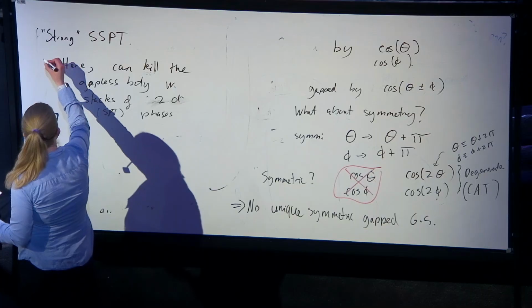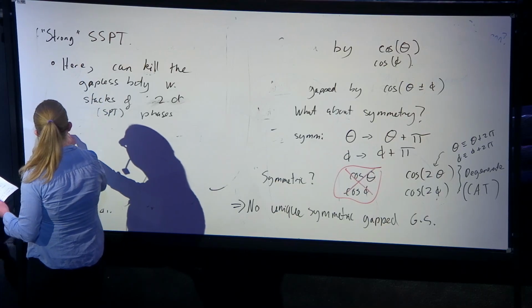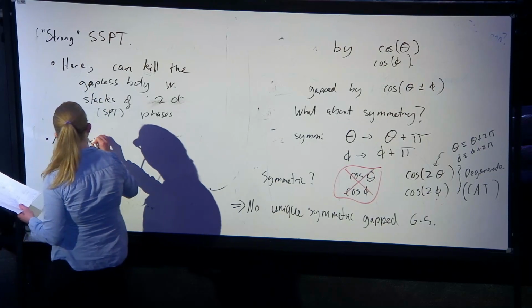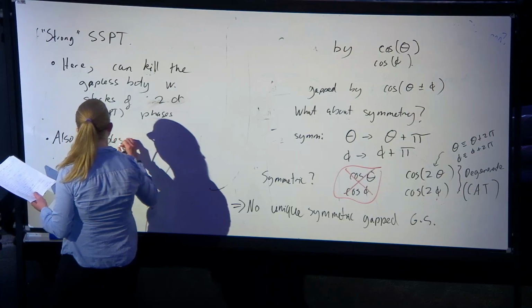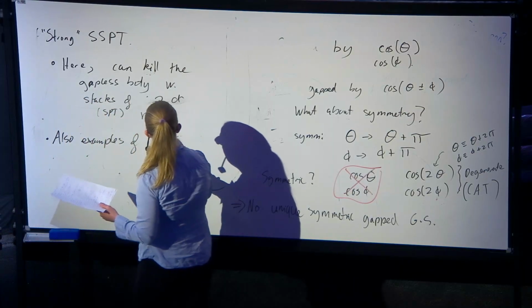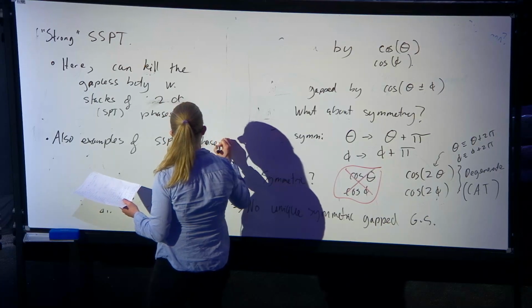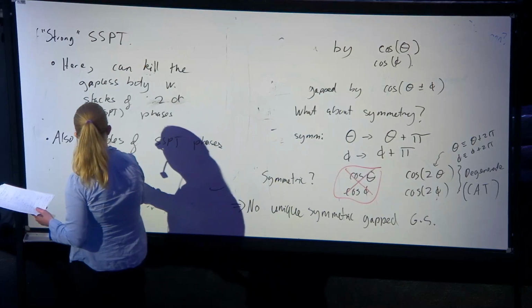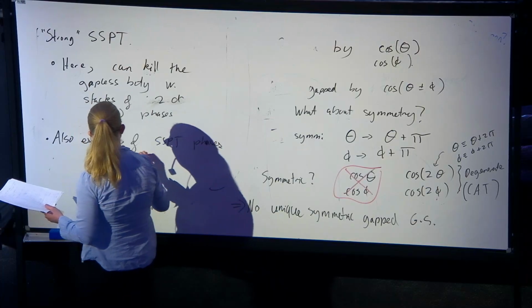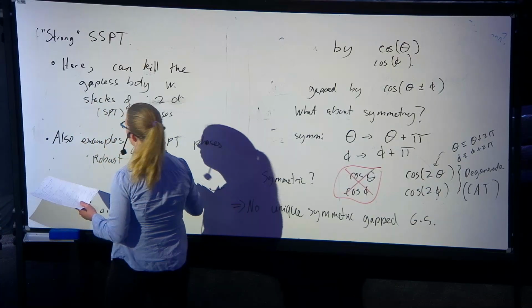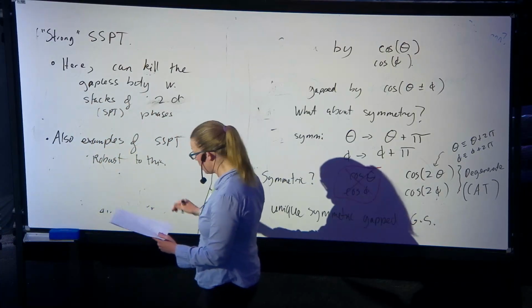But there are also examples of SSPT phases that are robust to this business of stacking on lower D systems.